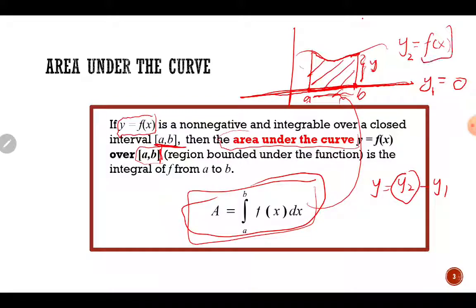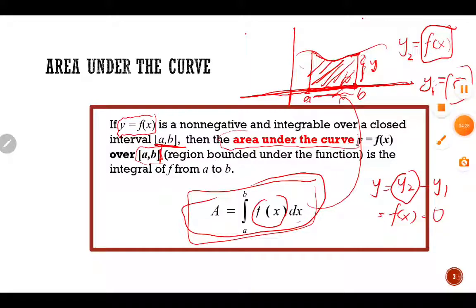Your y2 is f(x), and y1 adalah 0. So that's why the integral of f(x) dx will give you this area. Sampai kat sini je because it's bounded by the line y equals to 0. So with that, harap-harap you all clear semualah what does that mean by our area under the curve.